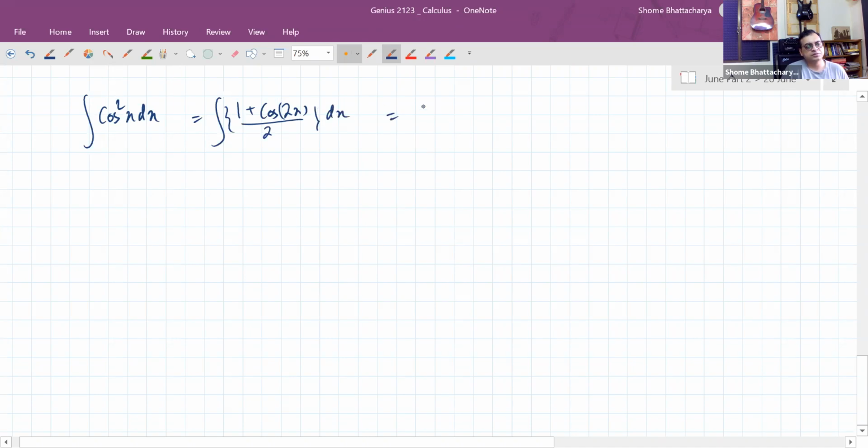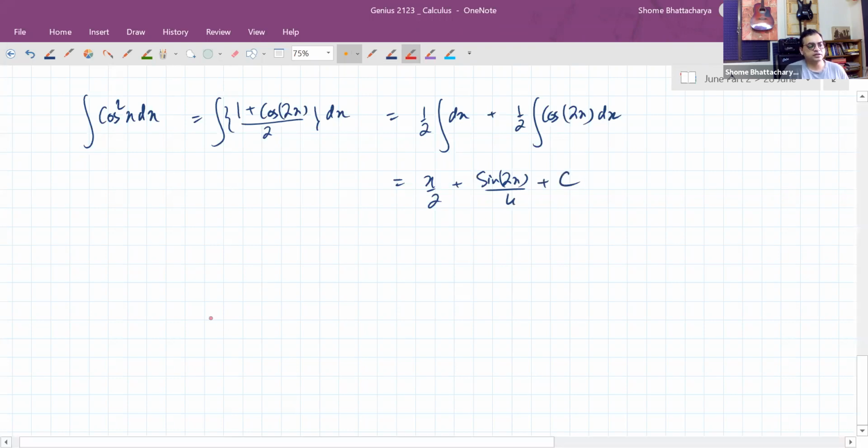So then this breaks into two integrals. So this becomes x by 2, plus this becomes sine 2x by 4 plus c.